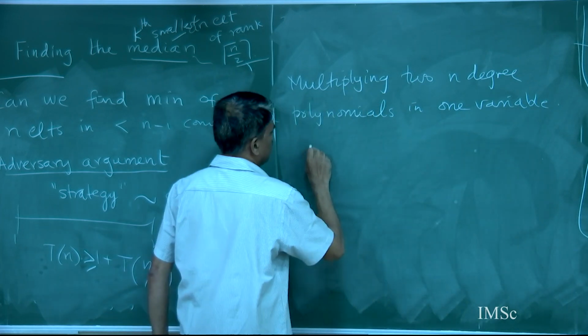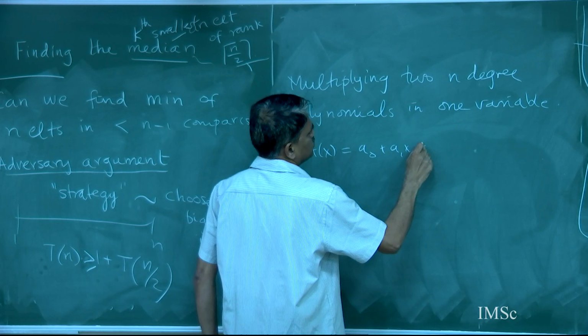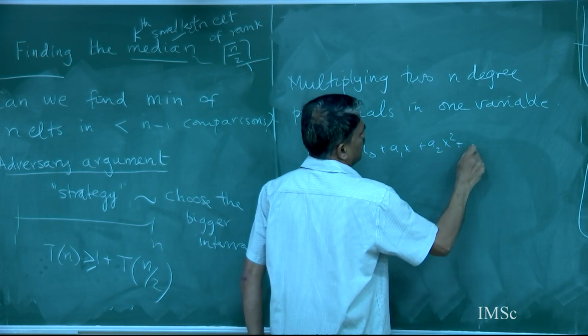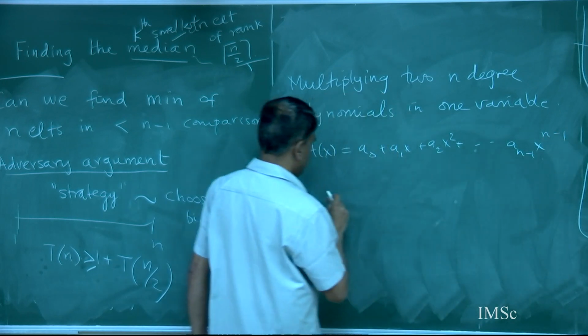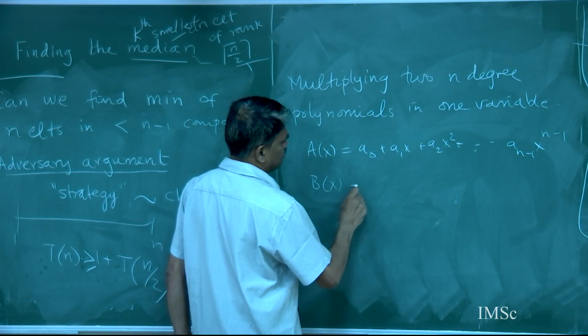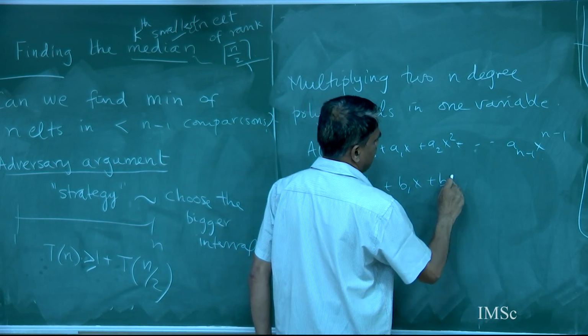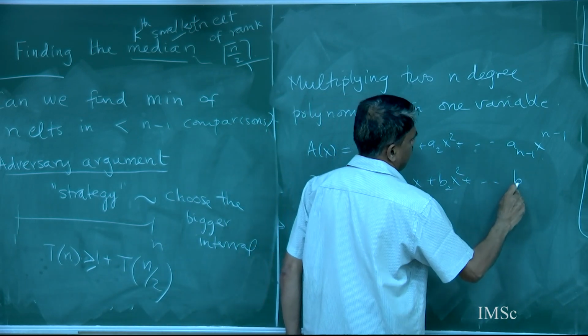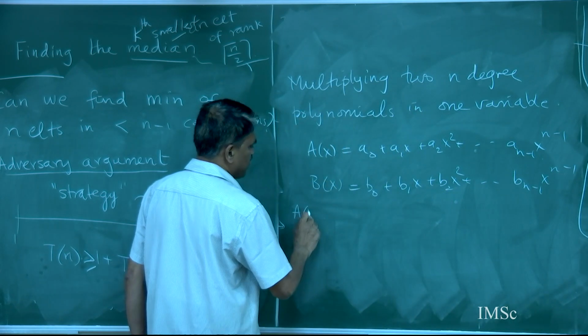So let's look at A(x) = a0 + a1x + a2x^2 + ... + a_{n-1}x^{n-1}, and B(x) = b0 + b1x + ..., and I want to compute A(x) times B(x).